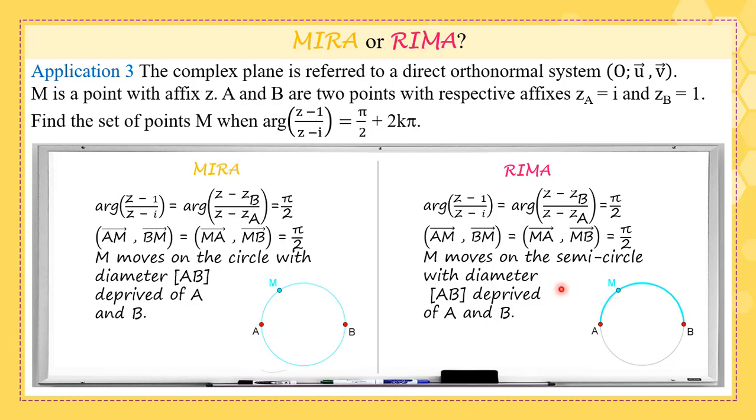So we have to pay attention in case we need set of points. We saw it before that if the angle is 90, it will be a circle with diameter AB deprived of A and B, but in case we have an oriented angle, things differ, and in this case it doesn't move on the whole circle. In fact, it moves on the semicircle deprived of the extremities of the diameter.